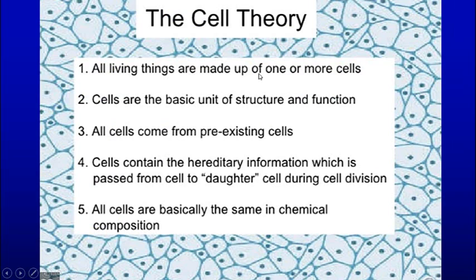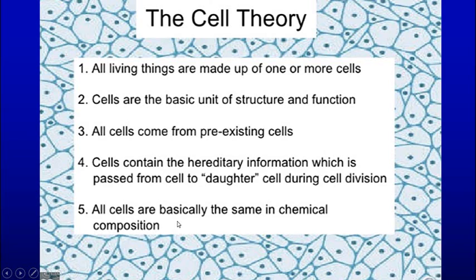Cells contain hereditary information, which will pass on to the daughter cells. So during mitosis, you want the cells to divide to produce a cell just like the parent cell. All cells are basically the same in chemical composition.